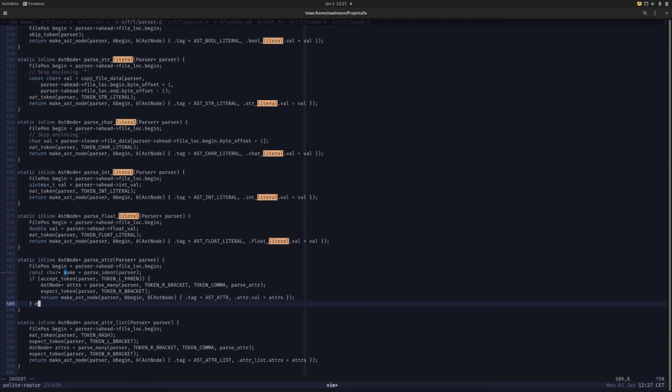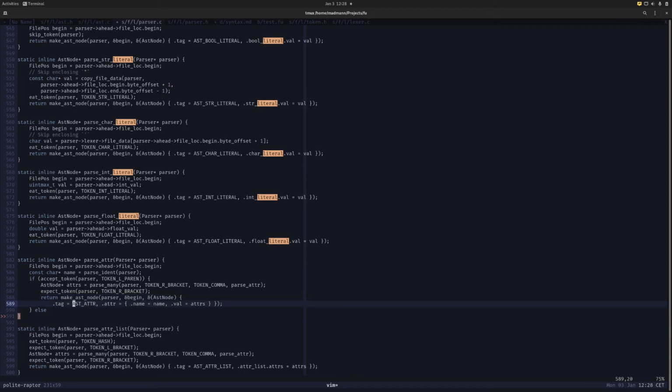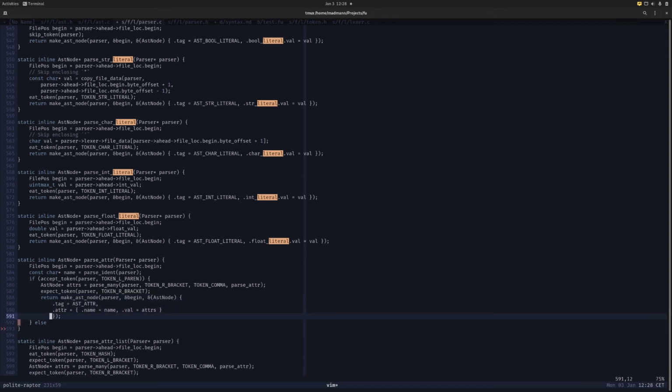All right. I also need to set the name. I made a mistake. Attr. Now I have to split the lines to increase readability. There we are. So now I accepted the left parenthesis, produced an attribute list, and packed that into an attribute.